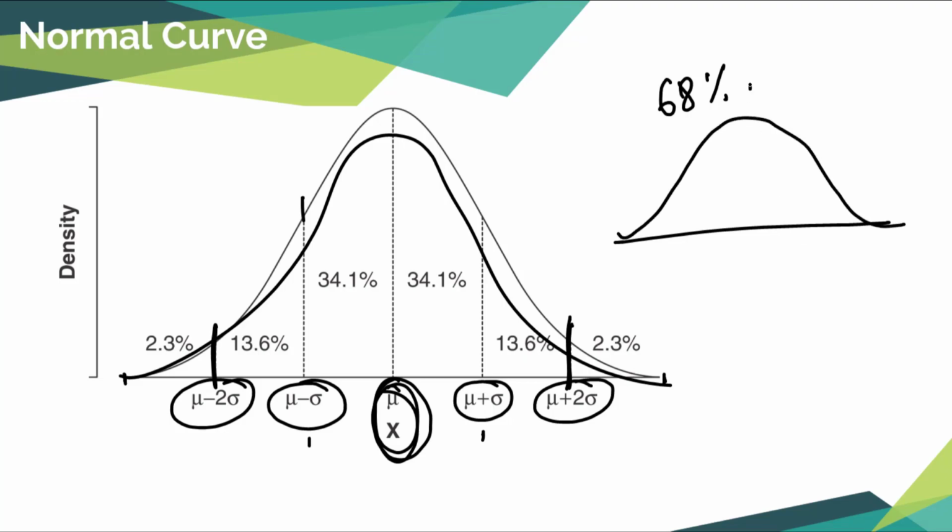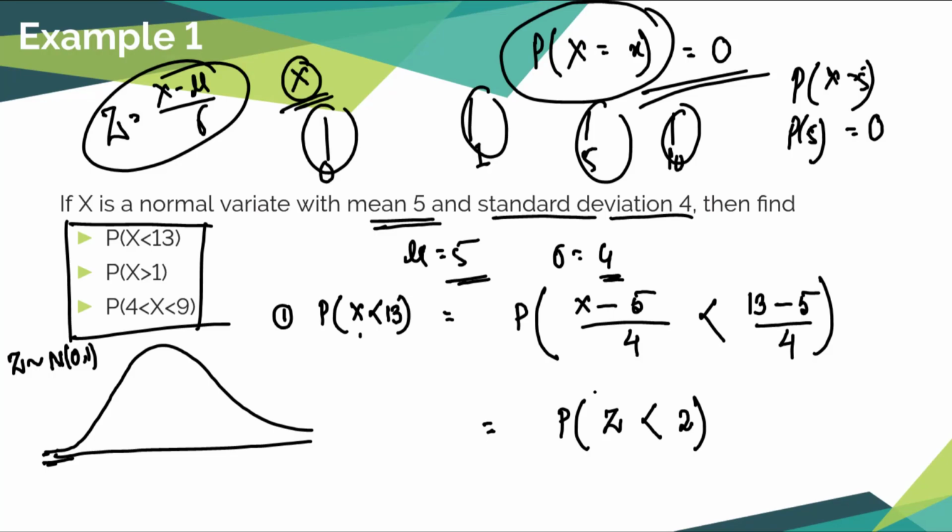So for standard normal, the curve, the middle point will always be 0. This will be minus infinity, this will be plus infinity, right? So that means this point will be 0, right? And this is the curve of Z, right? So we are trying to find out a probability of Z less than 2, right? So let's say this is the point 2, right?